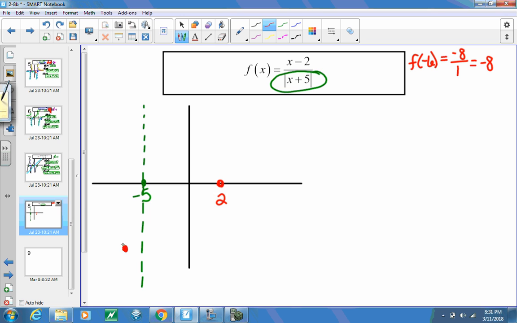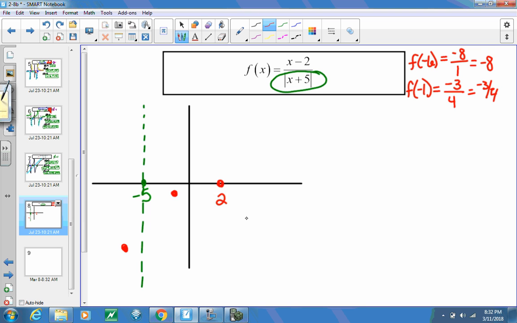I'm going to be below the x-axis. If I pick a point between 0 and negative 5, I'm going to go ahead and just pick negative 1. Negative 1 minus 2 would be negative 3. Negative 1 plus 5 is 4. Absolute value of that is 4. So that gives me negative 3/4. So that's going to keep me below my x-axis again. So at negative 1, I'm at negative 3/4.